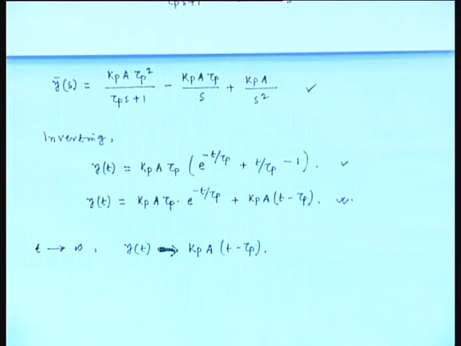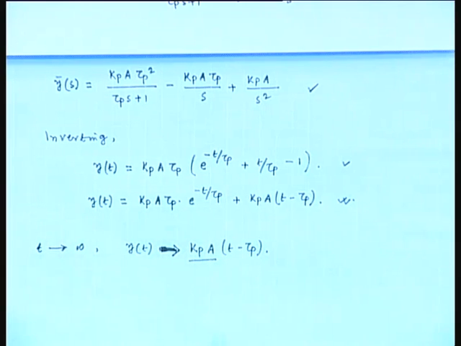That means, we can say that the ramp input yields a ramp output with the slope of Kp a.